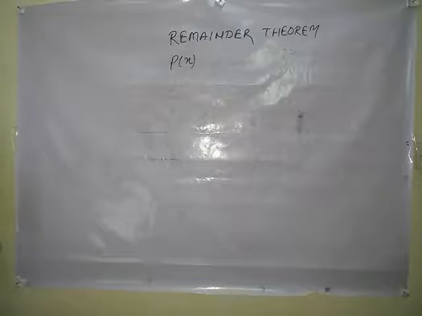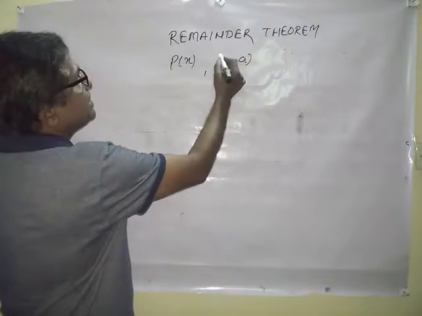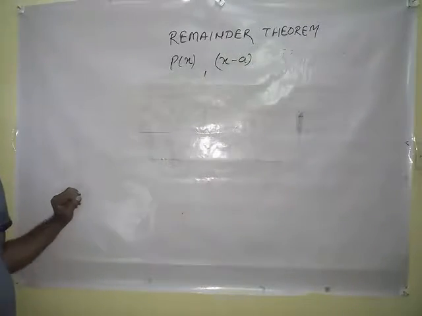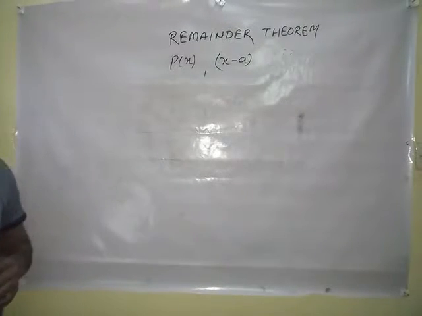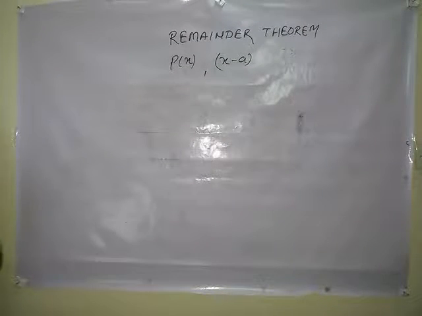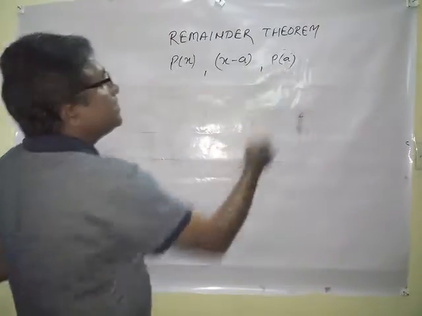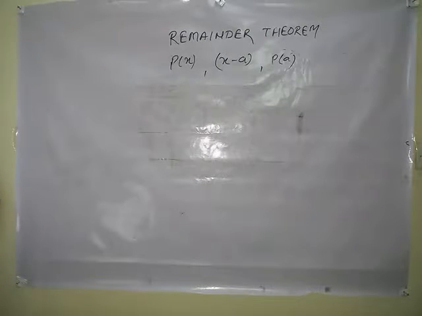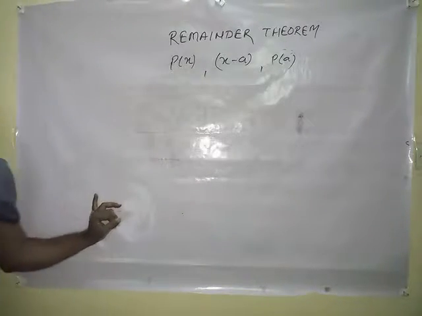divided by a linear equation x minus a, and then the remainder is equal to P(a). Then how do we prove this remainder theorem?